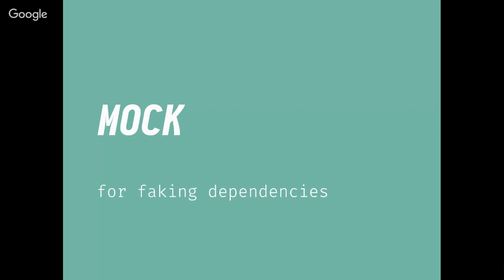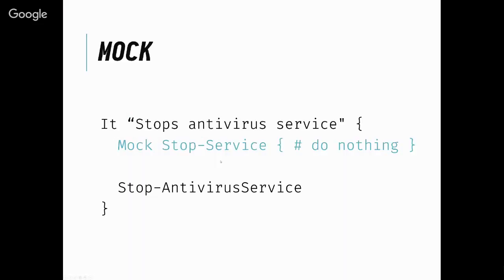For example, you want to hide Remove-ADUser from your test framework so it doesn't do anything. So you can't accidentally delete users from Active Directory just by running your tests and having the possibility to do so. I mean, the rights to do so.